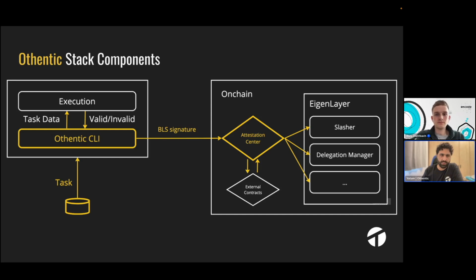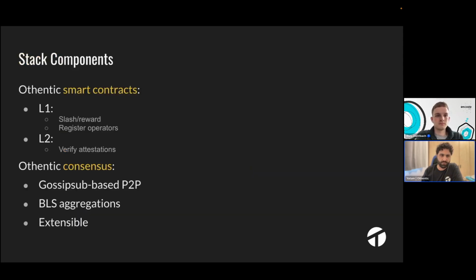So the Authentic Stack components, just again as a high-level overview, are split into two: the smart contracts, as I mentioned, and the consensus client. About the smart contracts, one unique thing about the Authentic Stack is that it's optional, but it lets you split your contracts between an L1 and an L2.